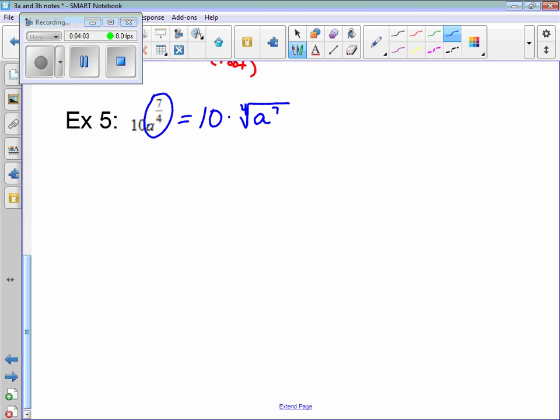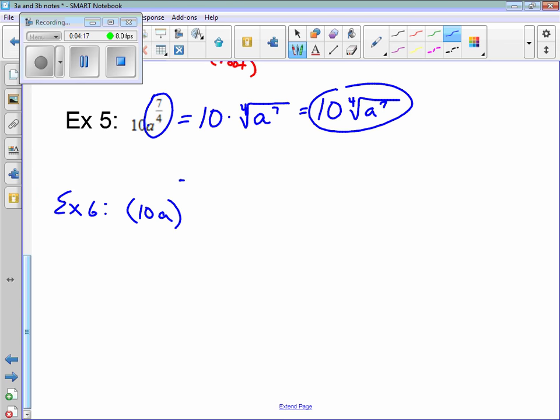So we can rewrite this as 10 times the fourth root of a, raised to the 7. We can have another example. If I had it like this, then the 10 is included with the 4th root. So it would be 10a, put it in parentheses, raise it to the 7th power. So that's from exponential to radical form.